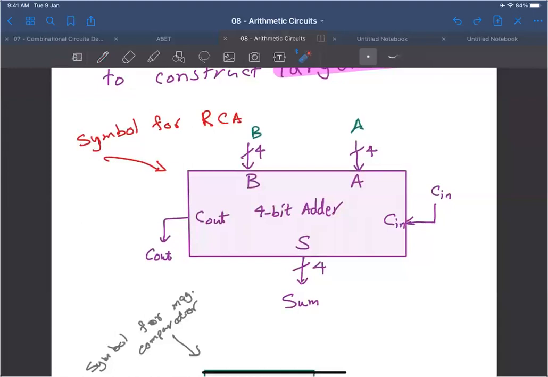So when we say use a 4-bit ripple carry adder to implement some functionality, you can use it like this. You don't have to draw the inside circuit of the 4-bit ripple carry adder. All you need to do is annotate your black box by writing its function, and then annotate the inputs and outputs and their sizes.